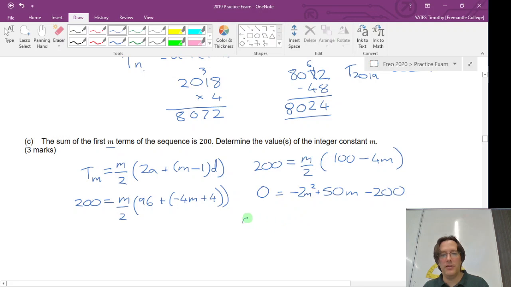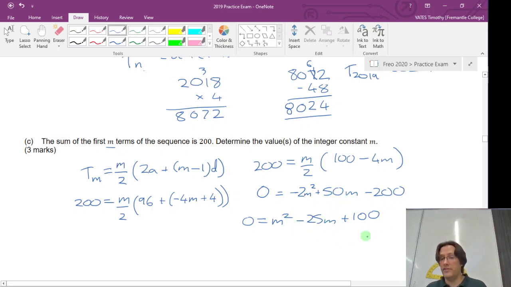So that gives me 0 equals m squared take 25m plus 100, dividing everything by negative 2 and flipping the signs. What two numbers add to negative 25 and multiply to positive 100?